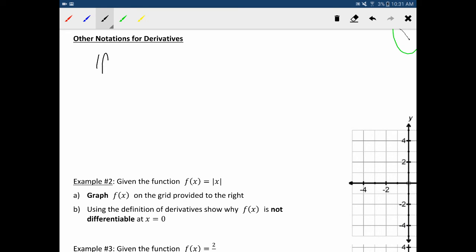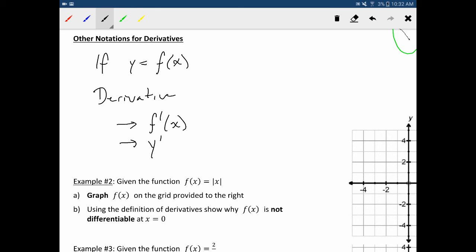So if we've got y equals f of x, and we take the derivative, this is the one that I've already used, we would write it as f prime of x. Similarly, you could write y prime. Those are both Newtonian notations, and you do see them more at the introductory level.